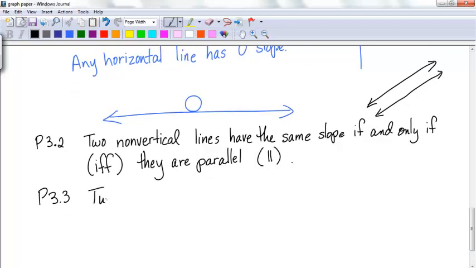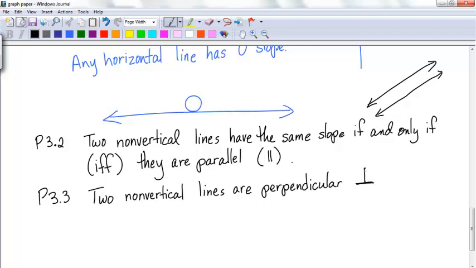Says two non-vertical lines are perpendicular. Two non-vertical lines are perpendicular. Remember the symbol we use in math for perpendicular lines looks like that. IFF, if and only if.